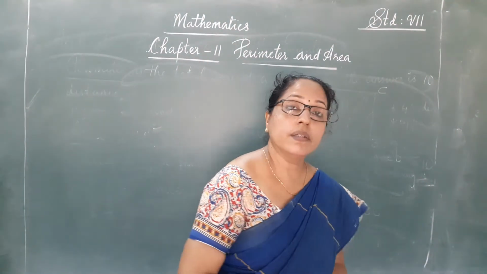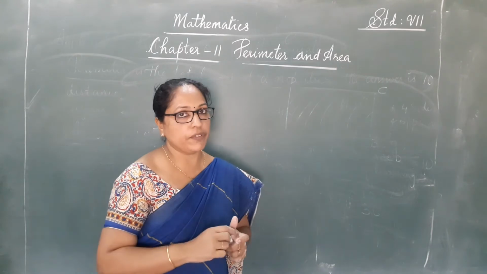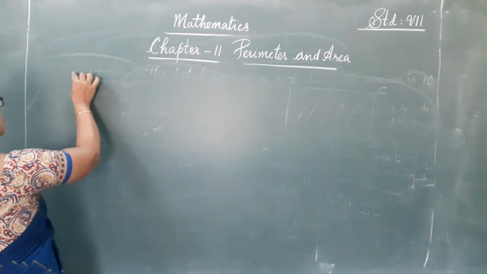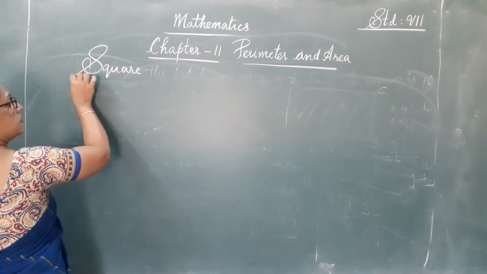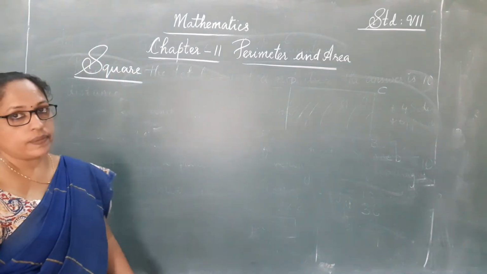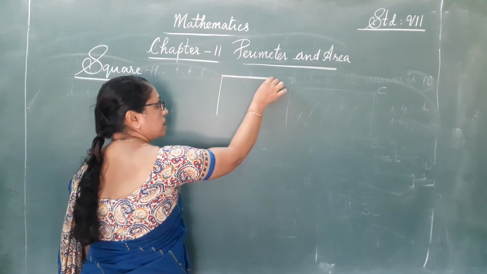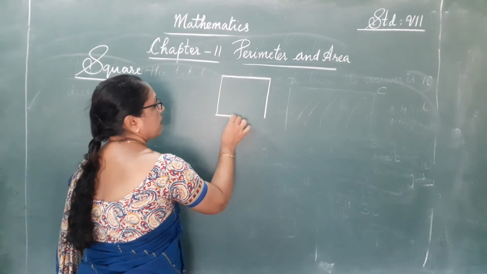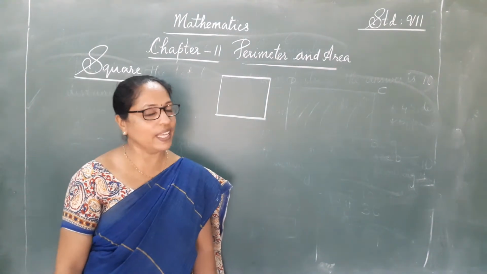Now, in this chapter, we are going to learn perimeter and area of three plane figures. First, we are going to learn about the square. What is a square? A square is a plane figure with all four sides equal, right?